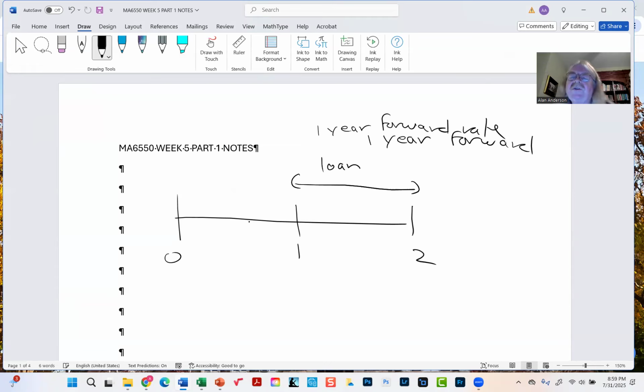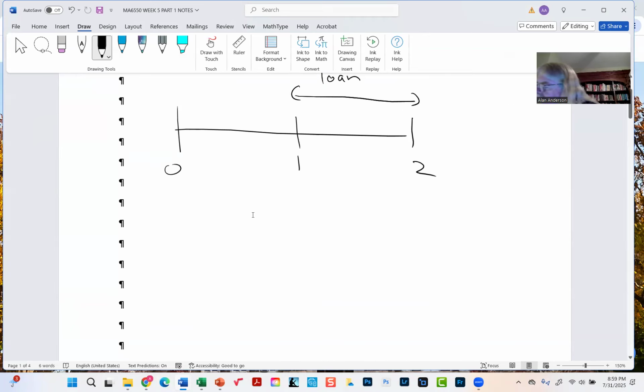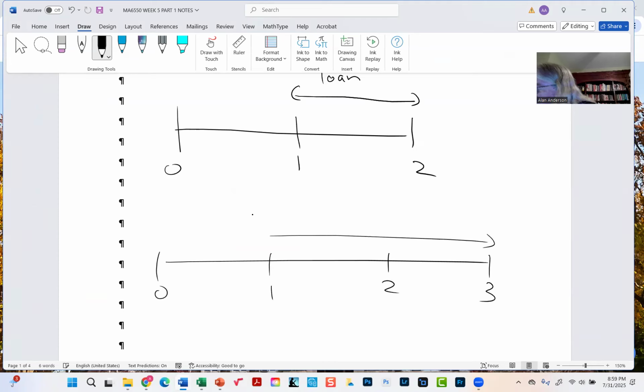So with a forward rate of interest, you have to describe two different time periods: the length of time that the loan will last and the time at which it starts in the future. So if you had something like this, so your loan is meant to take place over this period, that would be a 2-year rate, 1 year forward.